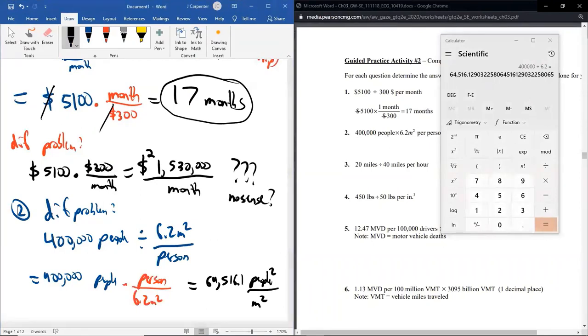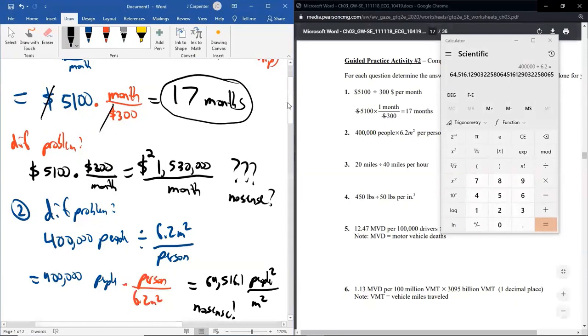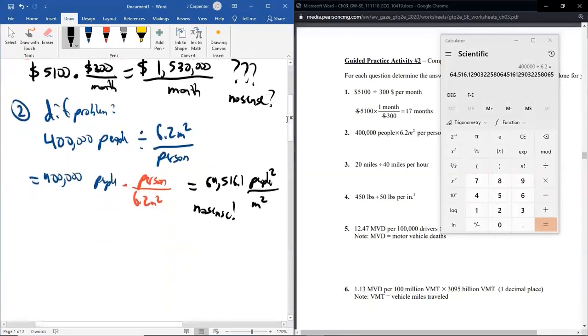What in the heck is a people squared per meter squared? That doesn't make any sense. I could certainly just give you that as a problem and ask you to pay attention to the units and give me these squirrely units in the answer. But again, the point is, you would have these two numbers in the real world in a word problem, and I don't tell you to multiply or divide them, you've got to figure it out.